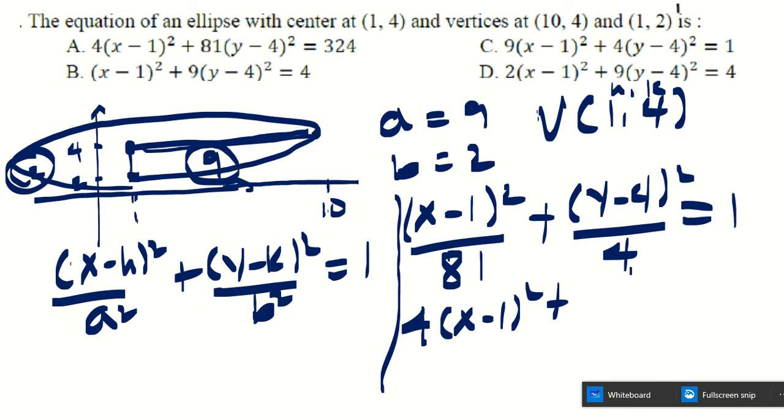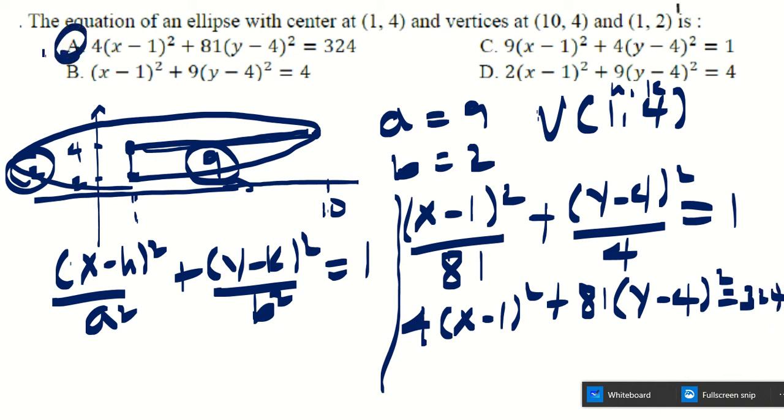If you multiply by 324, 81 times 4 is 324, so I have to multiply each term. So the first becomes 4 in bracket (x minus 1) the whole squared, plus 81 in bracket (y minus 4) the whole squared, equals 324. So the answer is found in A. Very good. Next question.